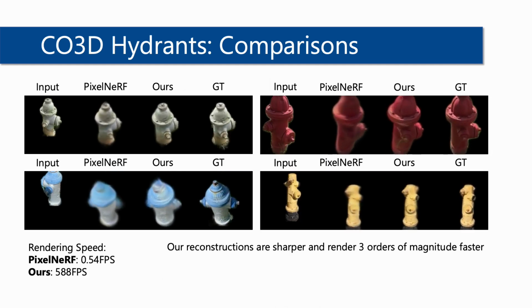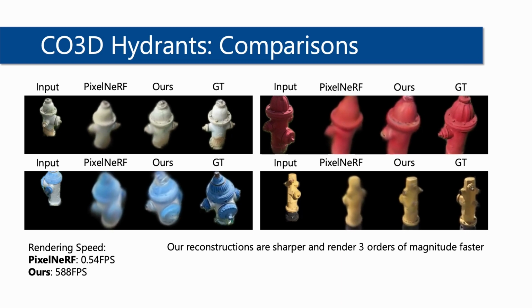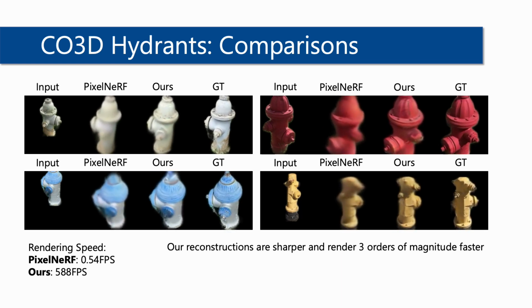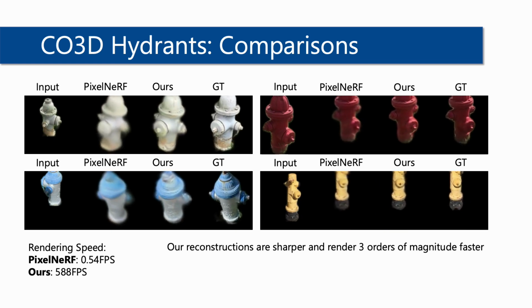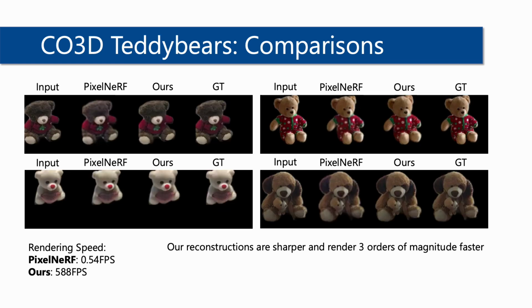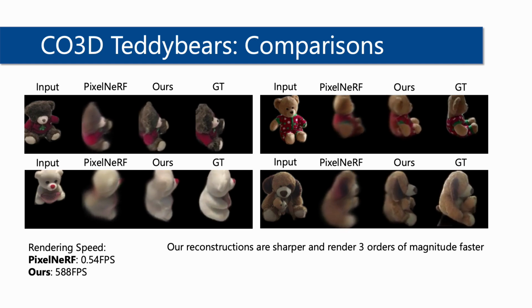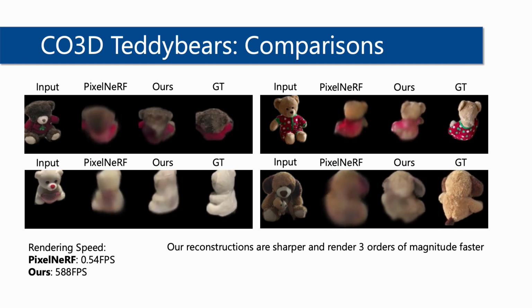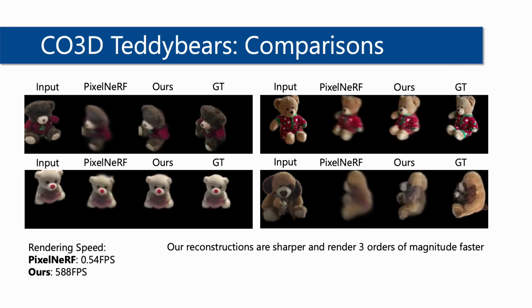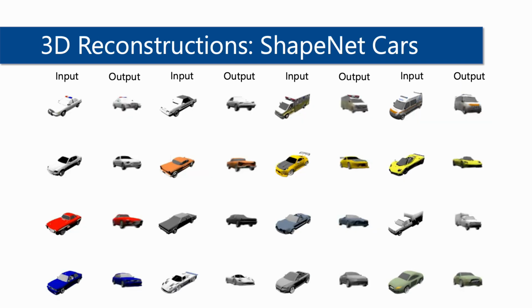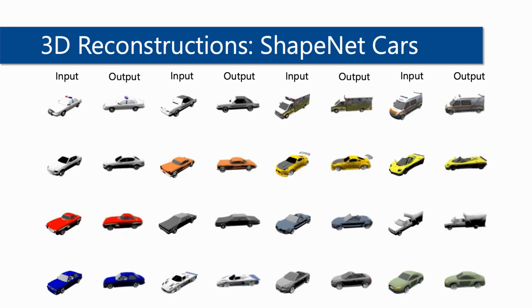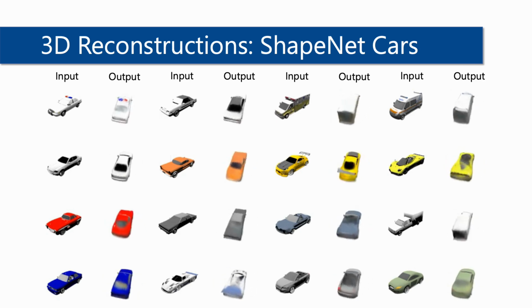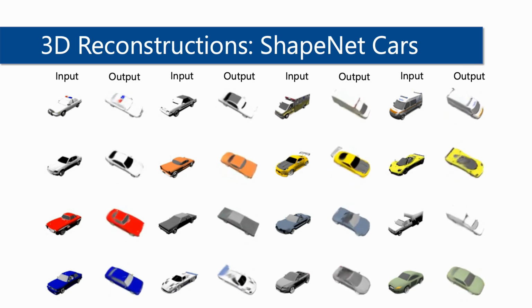Here, we present the comparison to the commonly used baseline PixelNeRF on real data from the challenging Co3D dataset. Here we present the reconstructions output by our method on a variety of objects.